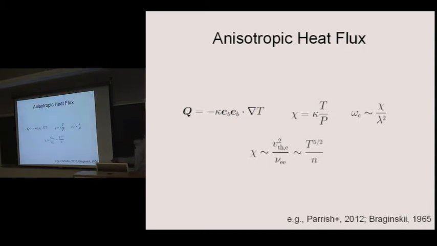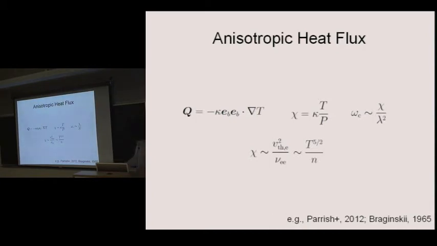There's a heat conductivity kappa, which can be turned into a diffusivity chi. So this is something that has units of length squared over time. So with this chi, you can come up with a diffusion or a heat conduction frequency. So this is the conduction frequency that I'm going to use a lot in this talk.